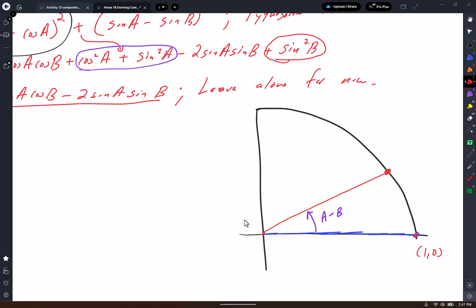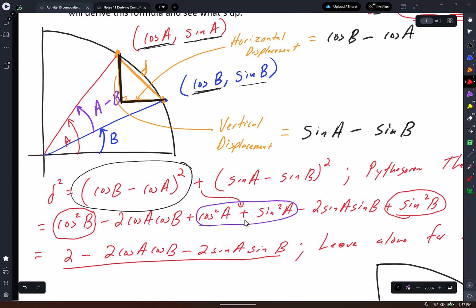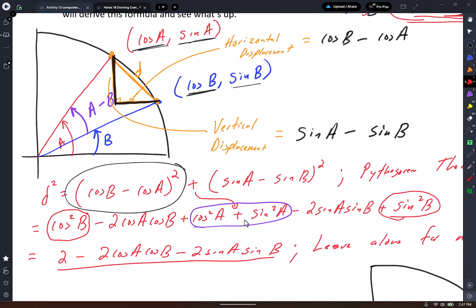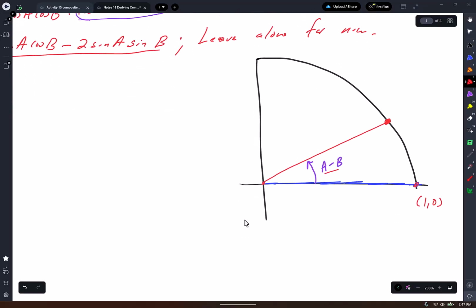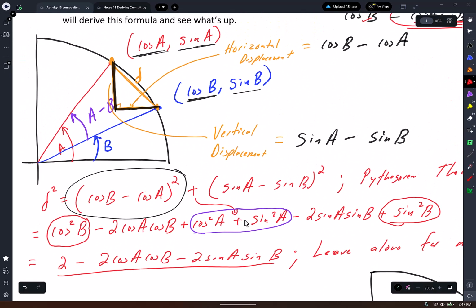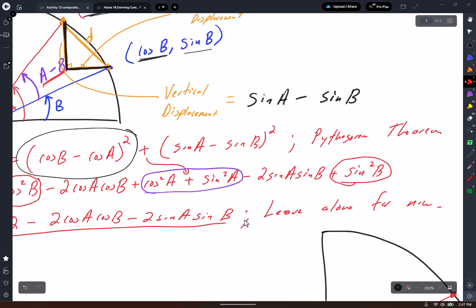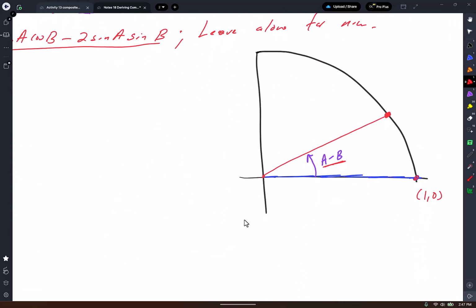And this coordinate up here, well, no, because that's A, this is the angle that I have, A minus B. Like I said, I just translated. I just shifted it down degree-wise. So that coordinate now is going to be cosine A minus B, comma, sine A minus B.